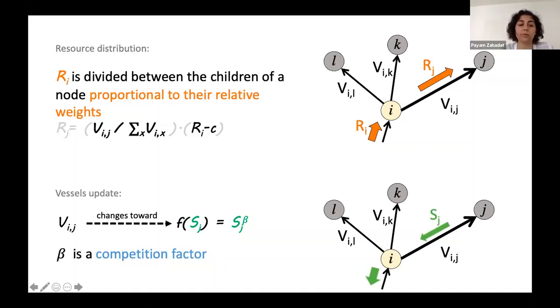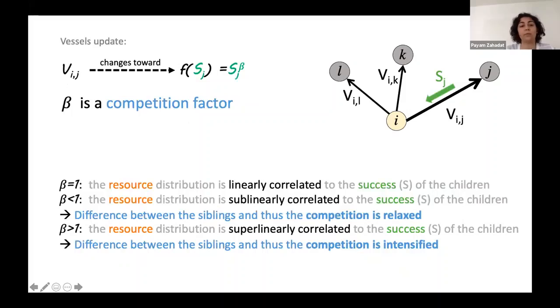The other point is the vessel update, so how the vessels change. The vessels change toward a function of the success flow which is passing them. Here the function is a power function, so we have an exponent of beta, which we call a competition factor. The reason that we call it a competition factor is that it actually determines how much competition between the sibling nodes would happen.